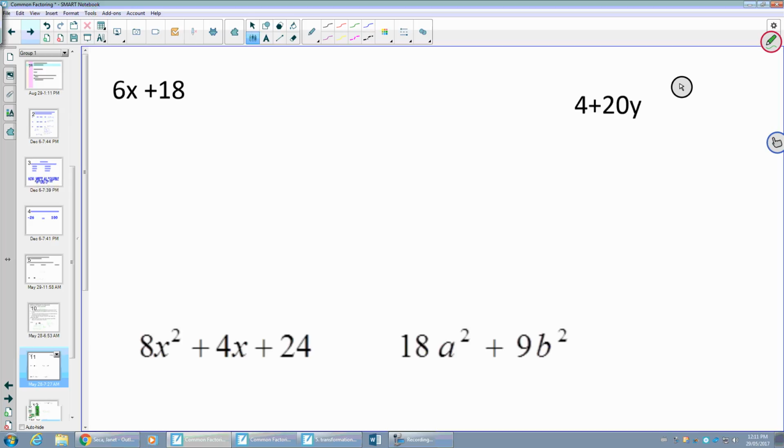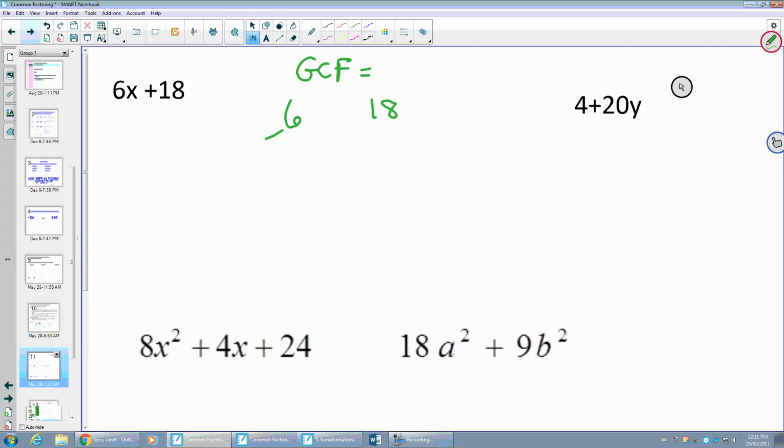Okay, so inside your notebooks here, we have some examples. I'm going to write out, this is my greatest common factor. I have to figure out what that is. And again, some of you may not need to write this step down, and that's okay, but some of us will. So I'm going to start with 6 and 18.